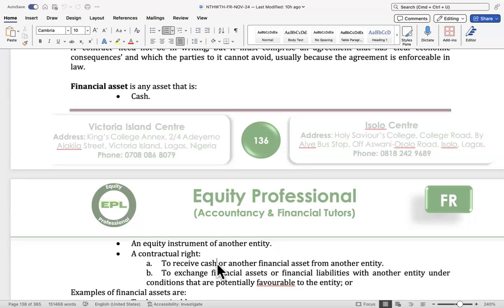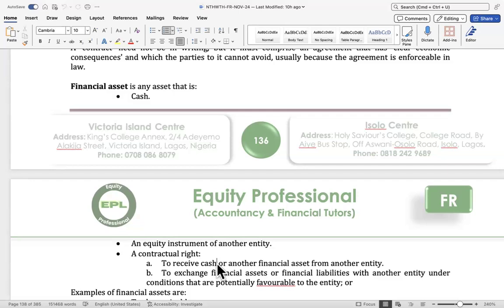Okay, sir. If an item of PPE is leased out under a lease agreement, would it now fall under this financial asset? Now you have the right to receive cash, yes. You see, as soon as you lease out an asset, the first thing you do is you derecognize that asset from your books.